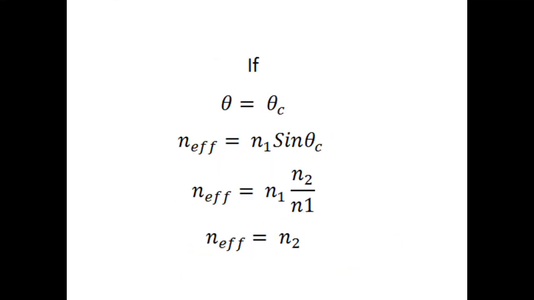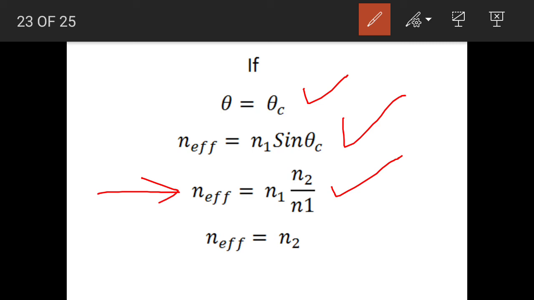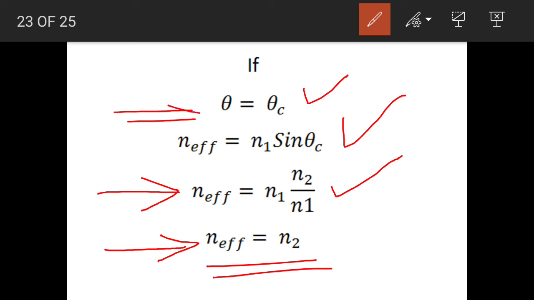So if theta is equal to theta c, then N effective will be equal to N1 sine of theta c, and sine of theta c is equal to N2 by N1. So if we simplify this equation, the effective refractive index will be equal to N2 if theta is equal to theta c.